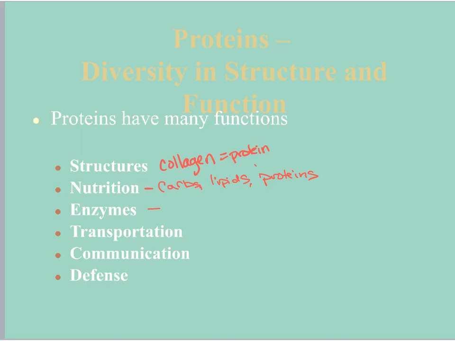All enzymes are proteins. Enzymes, remember, are these molecules that help chemical reactions occur. So all the processes that occur inside of your cells or living cells require enzymes for those reactions to occur appropriately. Some proteins act as transport molecules, transporting sometimes sterols.